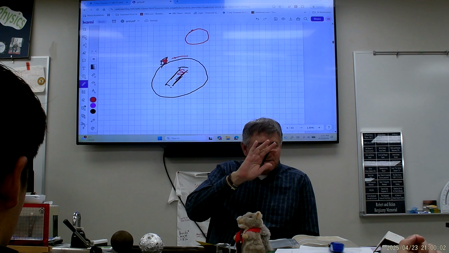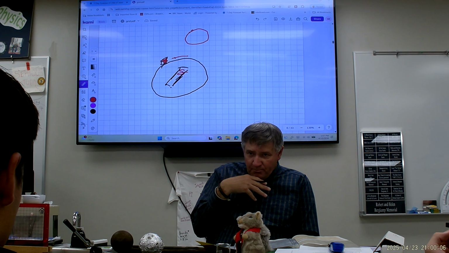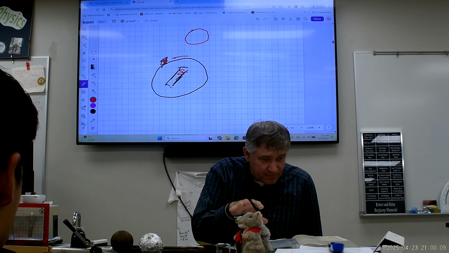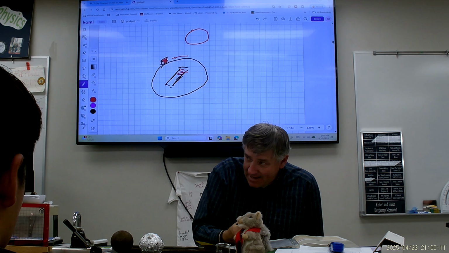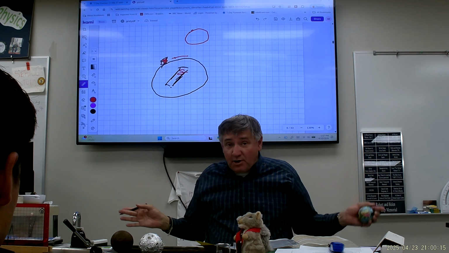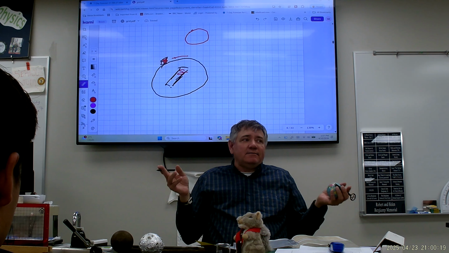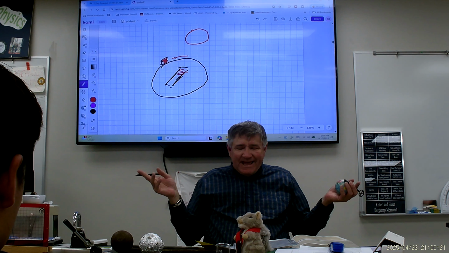Okay, so this is where this gets a little bit wonky. What we call the North Pole, we call it the North Pole because a magnet that we've defined as being that side being north, which is completely arbitrary. We could have called it blue and white, left, right, doesn't make any difference. Cat, dog.